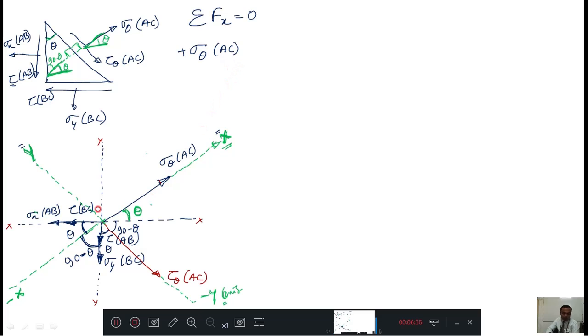Now sigma x AB, I have to resolve it to the x-axis, so this becomes minus sigma x AB cos theta. Next, minus tau BC cos theta.